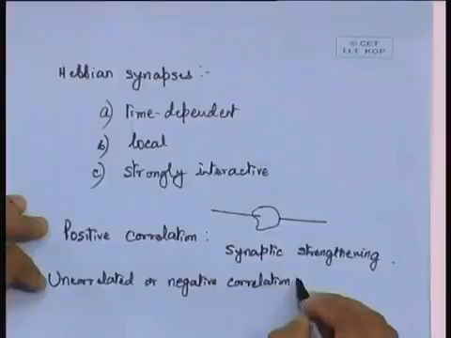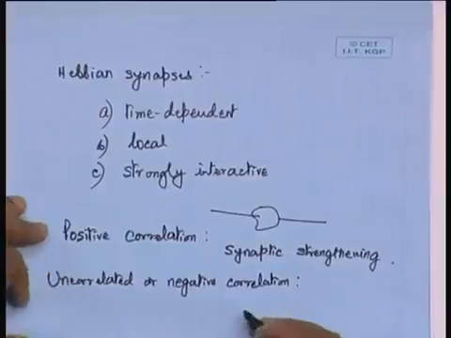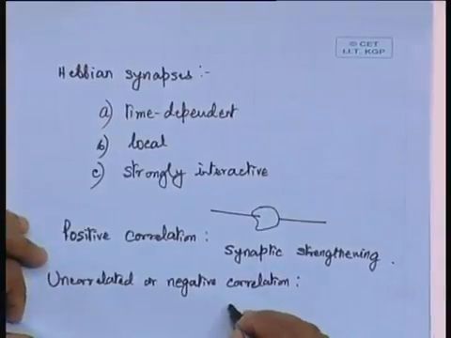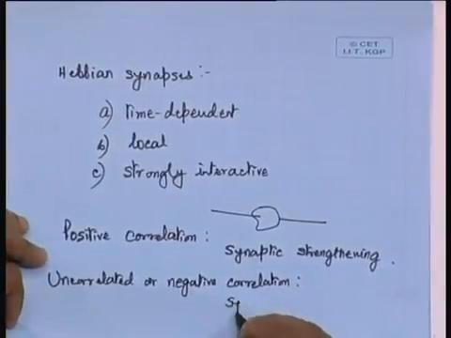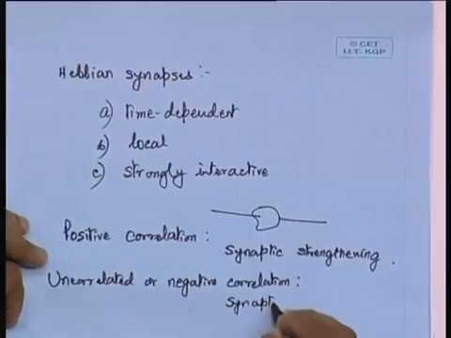If cell A, the presynaptic neuron, goes to a state of +1, and the postsynaptic neuron is at a state of -1 at the same time synchronously, then we can define that to be a negative correlation. A Hebbian mechanism simply means that in case of such negative correlation, we are going to have a synaptic weakening.